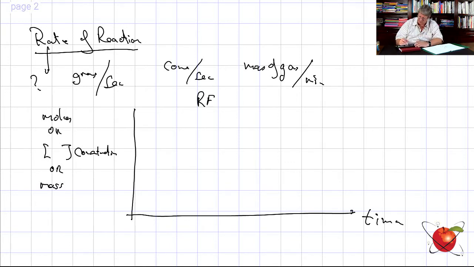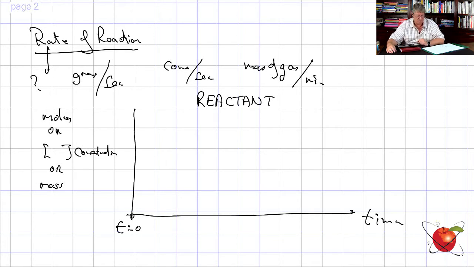This is our reactant. This is always at time equals 0. How much reactant have we got? Let's put it in red. We've got all of it, the full number of moles or full concentration or mass.